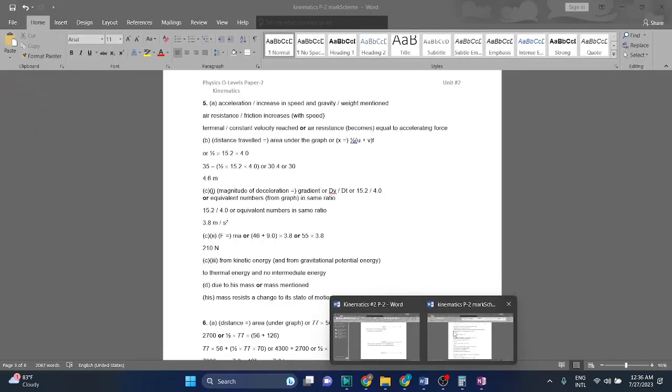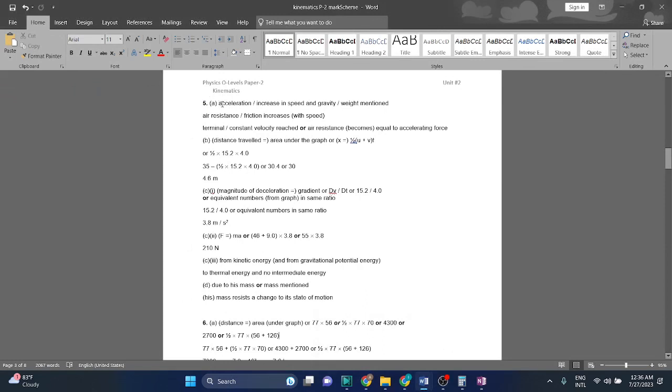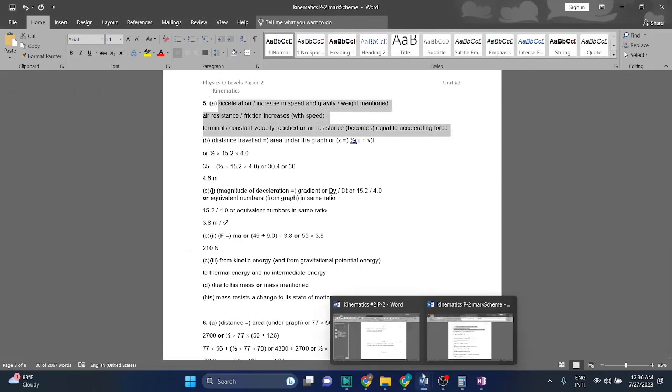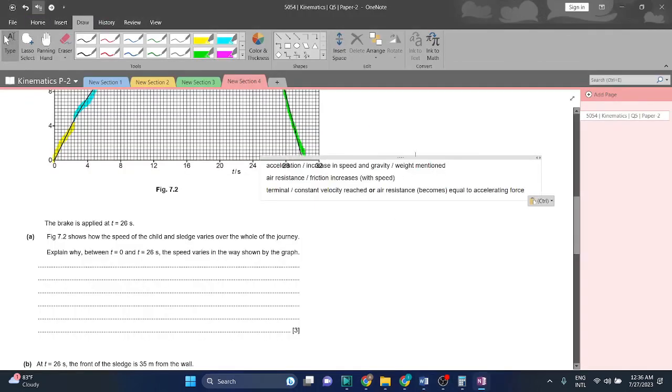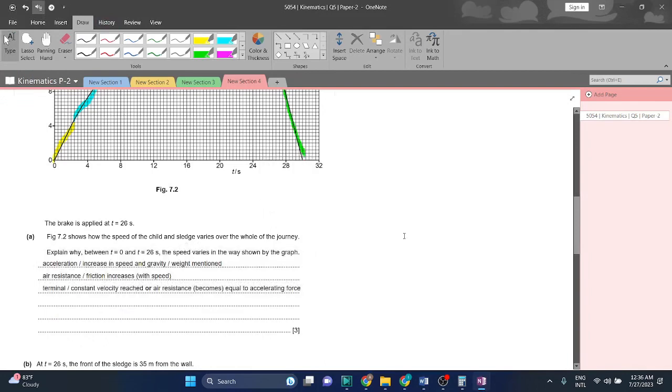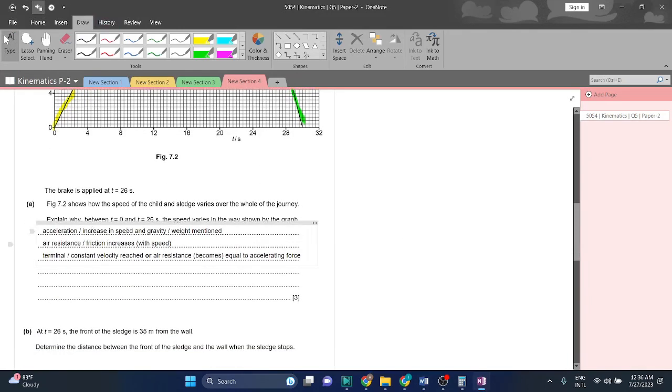So let's see the answer. Question 5A. Okay, this is the answer. अच्छा, acceleration, increase in speed and gravity slash weight are mentioned. Air resistance and friction increase with the speed.